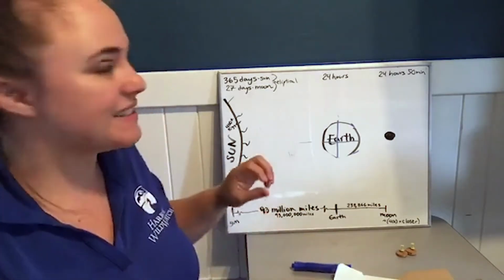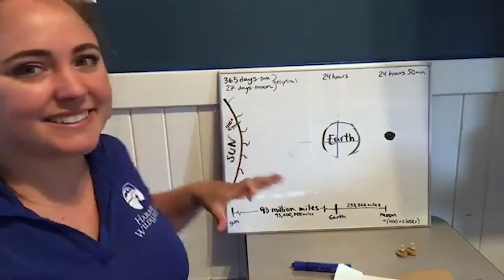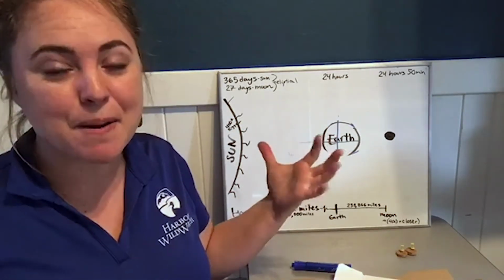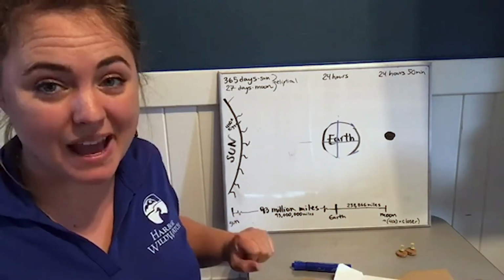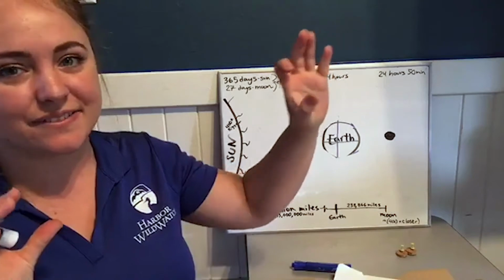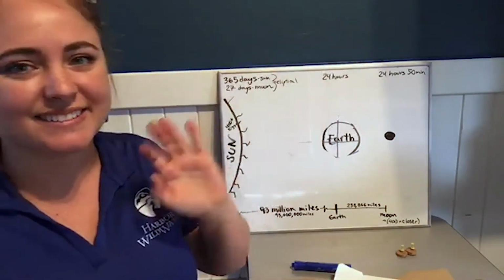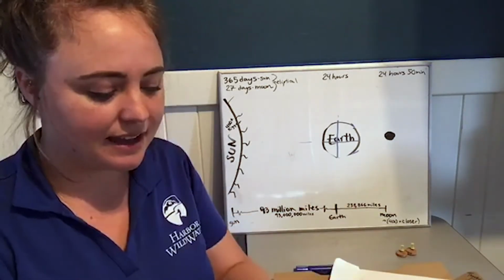The moon is about 400 times smaller than the sun. The sun is a massive ball of burning gas, right? It's huge, but because it's about 93 million miles away, it appears as if it's the same size as the moon. So it appears small because it's far away, so that perspective of ours is just a little shifted based on that.